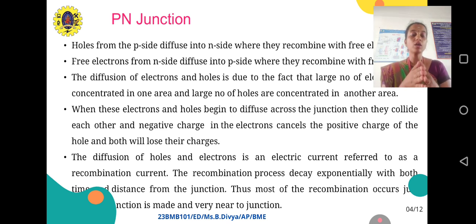The recombination process decays exponentially with both time and distance from the junction. As the time and distance of the electrons and holes increase, the recombination process takes place.